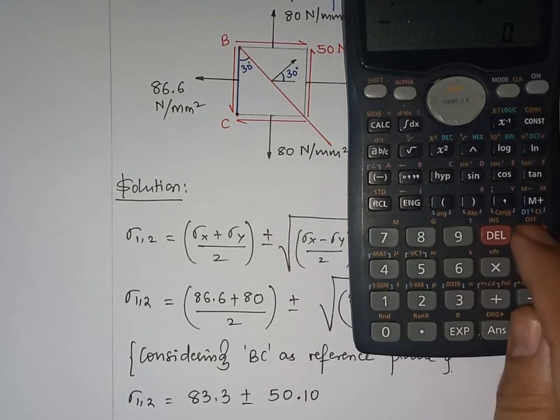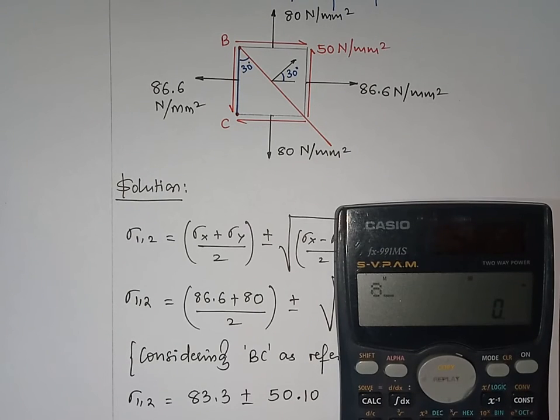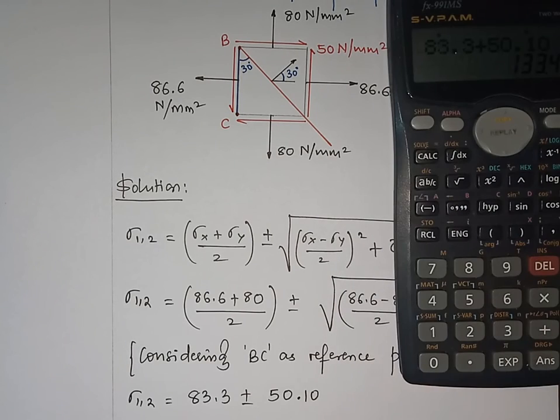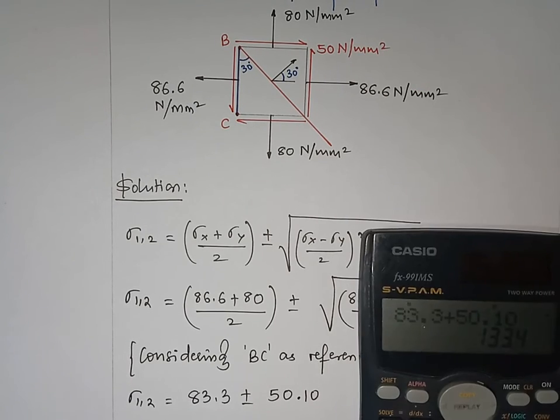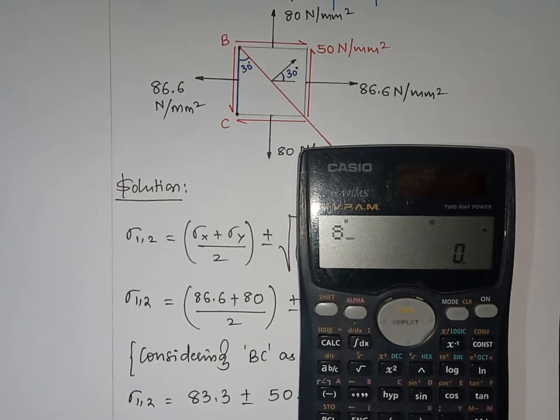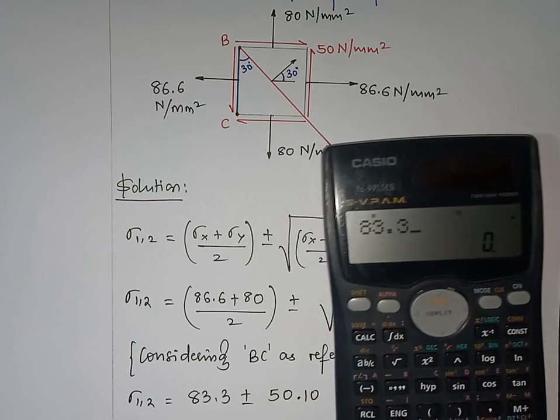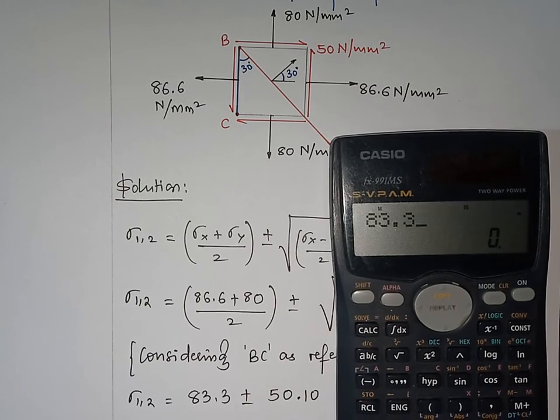So sigma 1 is how much? 83.3 plus 50.10, so it is 133.4 Newton per mm square, right? Next, sigma 2 is how much? 83.3 minus 50.10.